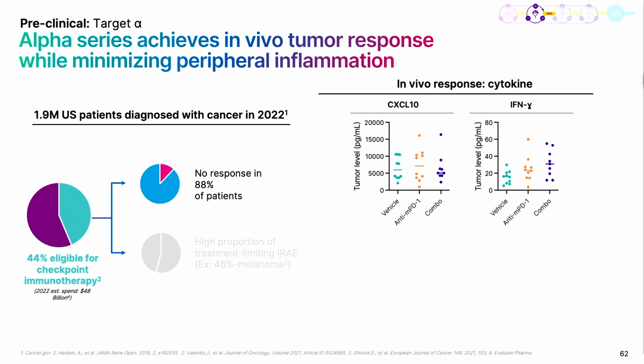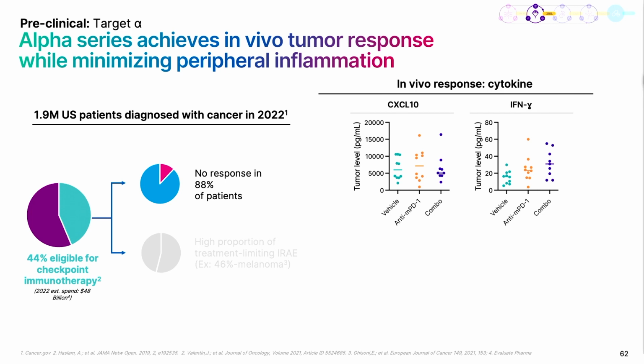We also looked at cytokine levels, and I'm showing you here just 2 examples of a panel of cytokines that we looked at. Within the tumor, we saw similar immune response across all of our treatments.